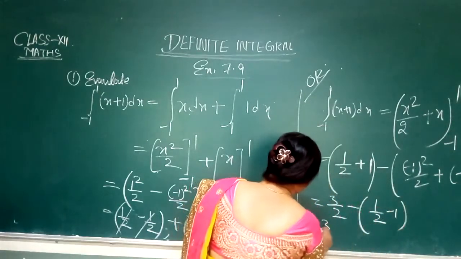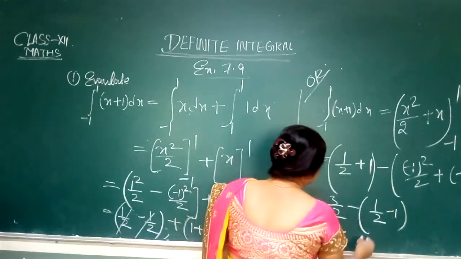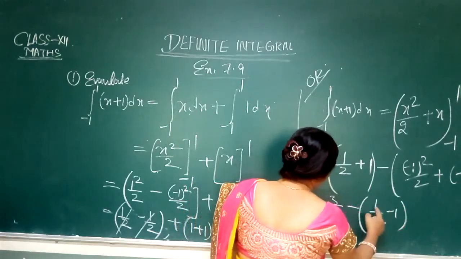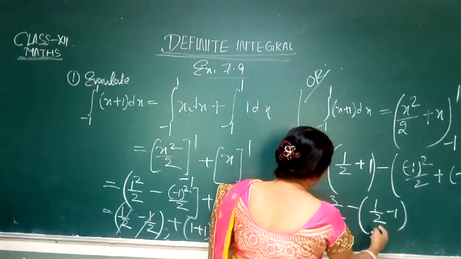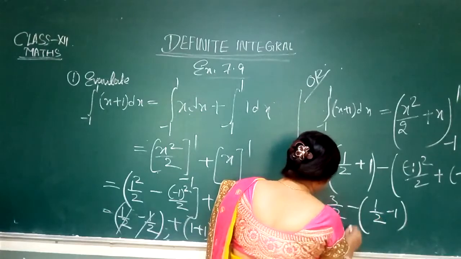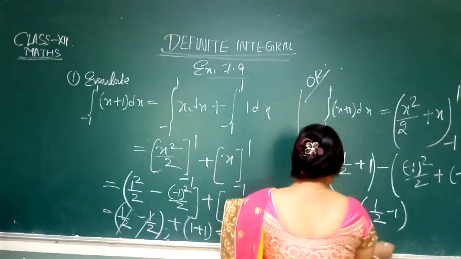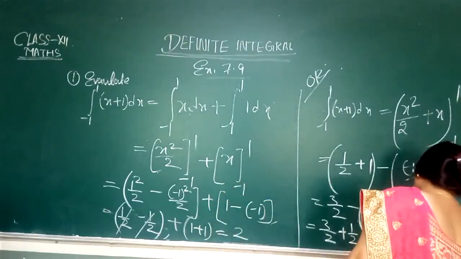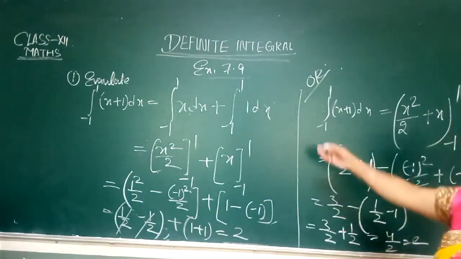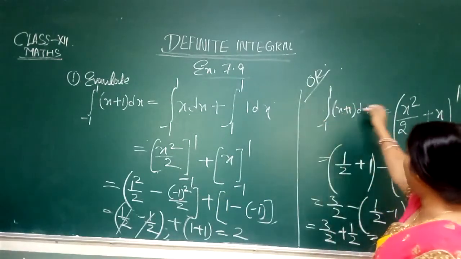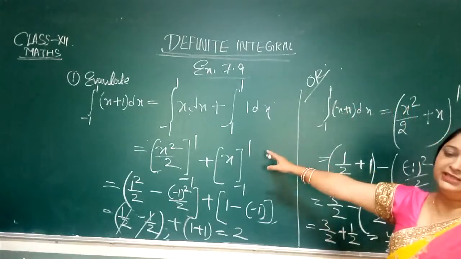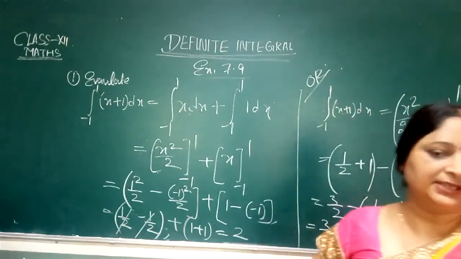So it will come 3 by 2 minus, take LCM, 1 minus 2 upon 2, so minus 1 by 2, that is plus 1 by 2. So it will come 4 by 2, which is equal to 2. So this is the answer. You can apply this method, or separate the integration, or take it together.